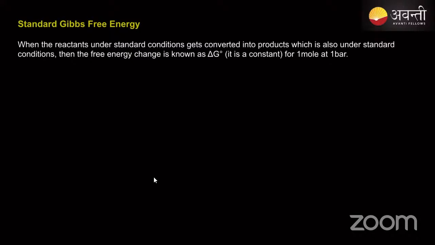The only difference is how many moles of reactants or products you are talking about, and what the temperature and pressure are. When the reactants under standard conditions get converted into products, also under standard conditions, the free energy change is known as delta G naught. That is why we represent it with the naught for standard conditions.